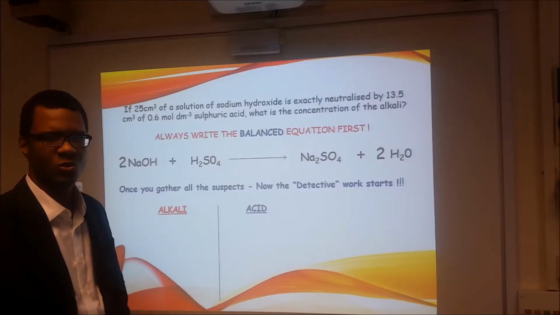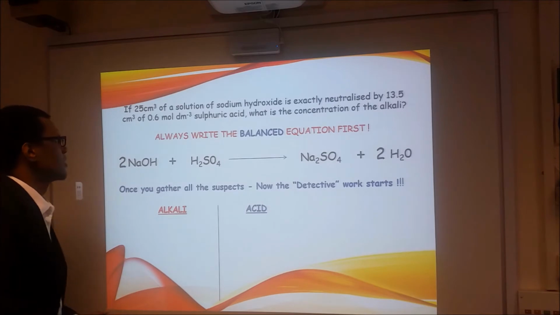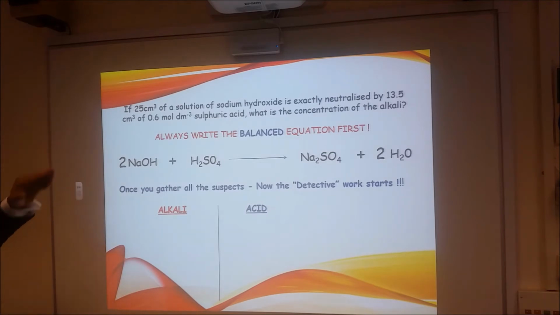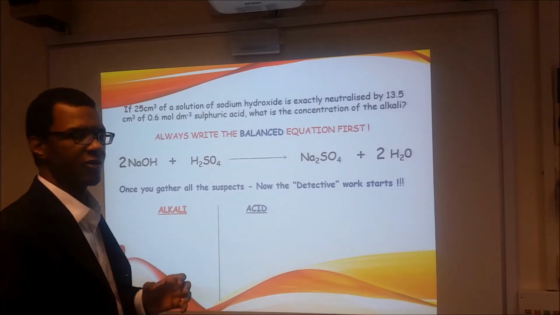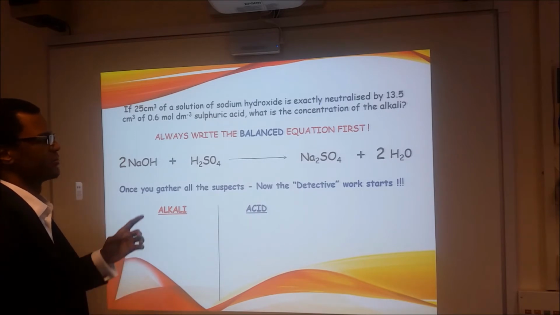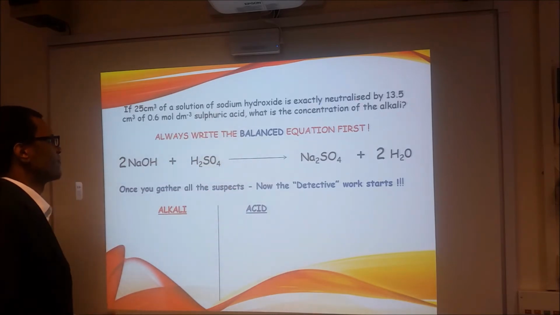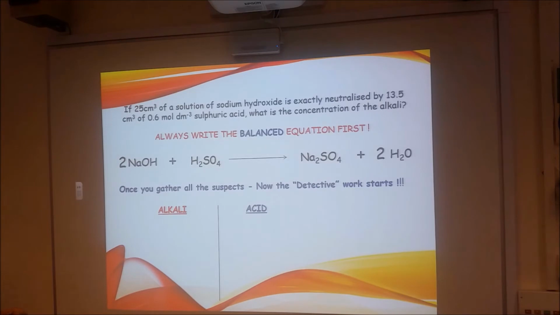Okay, so what's this question saying? That means that we had 25 centimeters cubed of the sodium hydroxide solution inside our flask, and 13.5 centimeters cubed of sulfuric acid inside the burette of a known concentration of 0.6 moles per decimeters cubed neutralized that sodium hydroxide.